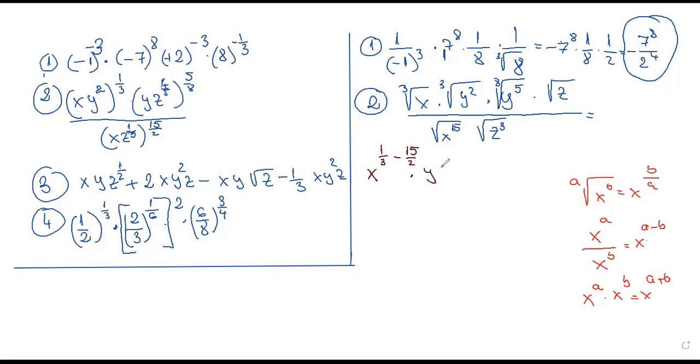Times y to the power of 2 over 3 plus 5 over 8 times z to the power of 1 over 2 minus 3 over 2 equal. If we get a negative power, we are going to move it at the denominator.